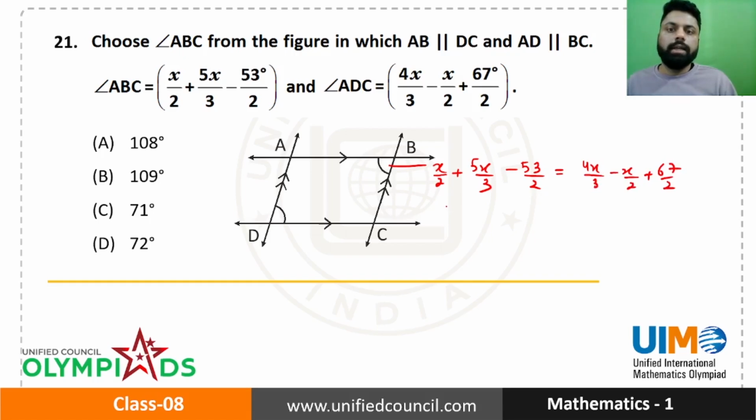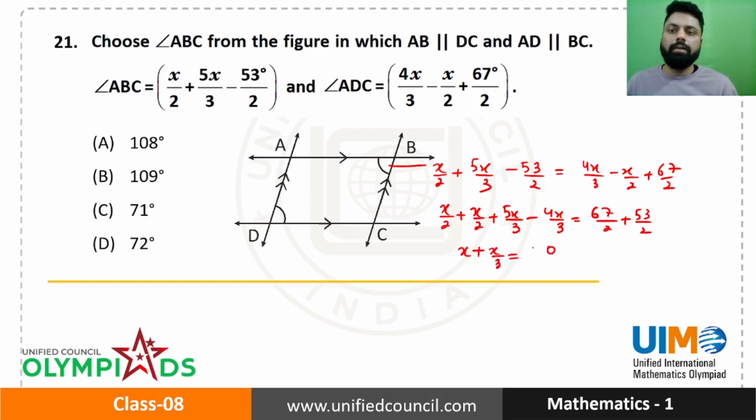So this is x upon 2 plus x upon 2 plus 5x upon 3 minus 4x upon 3 is equal to 67 upon 2 plus 53 upon 2. This will be x, plus 5 minus 4 is 1, x upon 3 is equal to 120 upon 2, that is 60. 4x upon 3 is equal to 60.